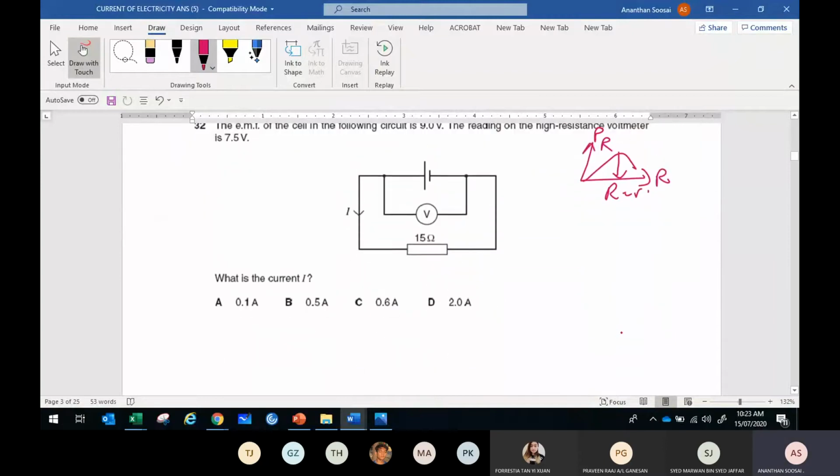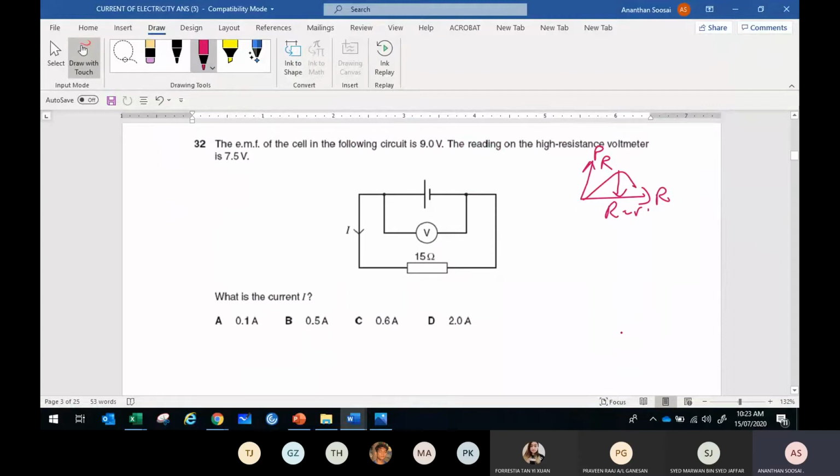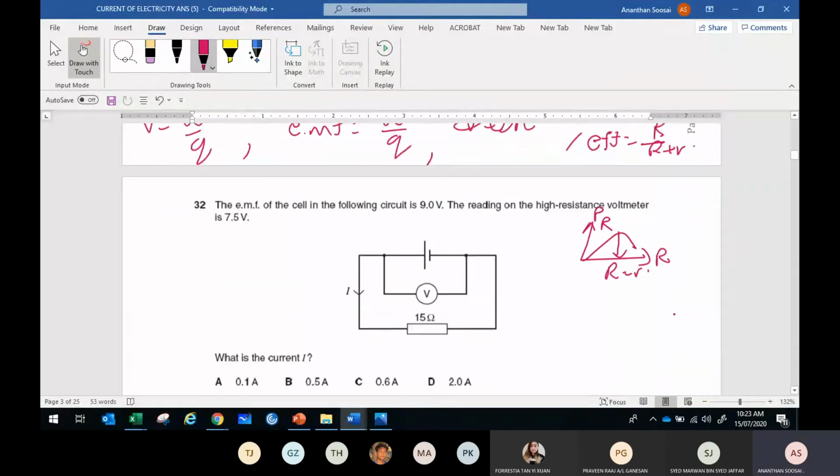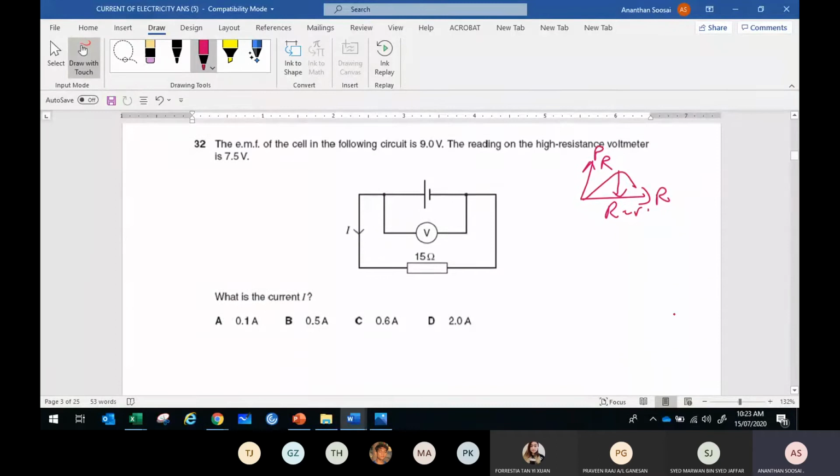Okay, based on that, let's go to question 32. Now this is page 4, question 32. Get me the answer. One minute for you. You can, as usual, WhatsApp me your answer.